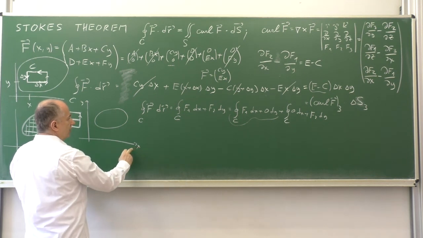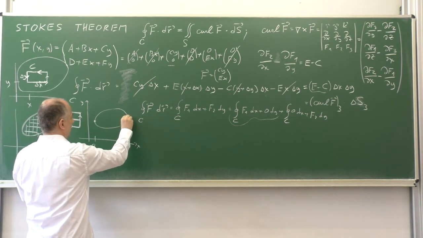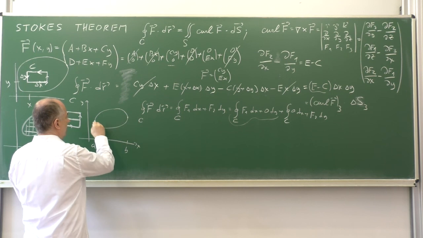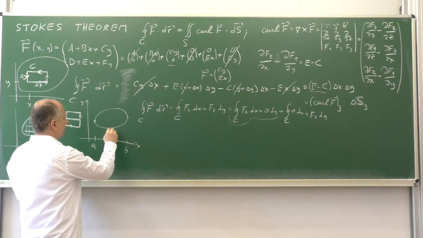Then x, well, we start here at some A, and we go with x from A to B along the lower part, which we can call a graph of a function y1 of x.